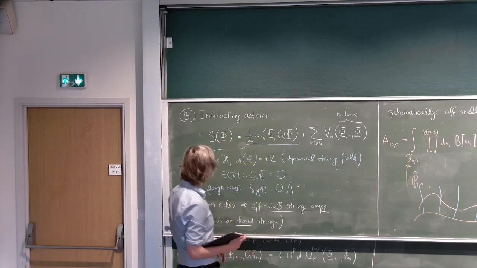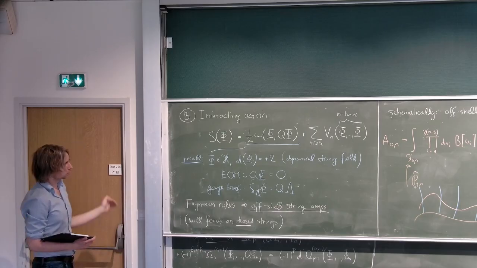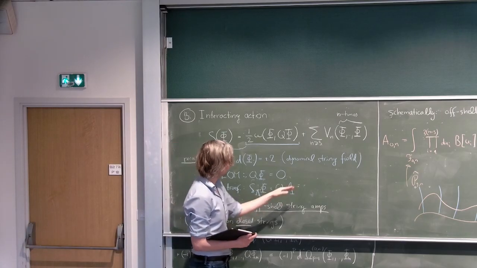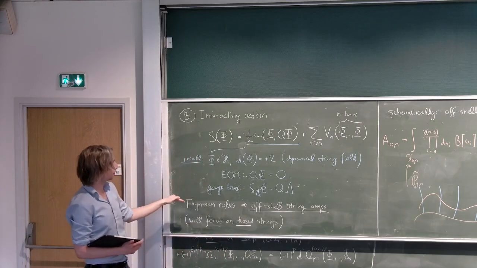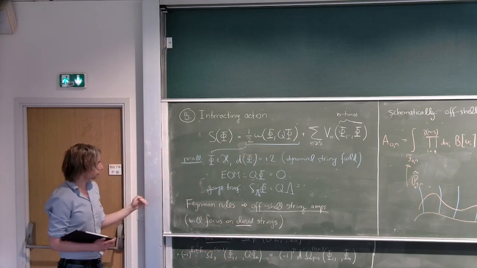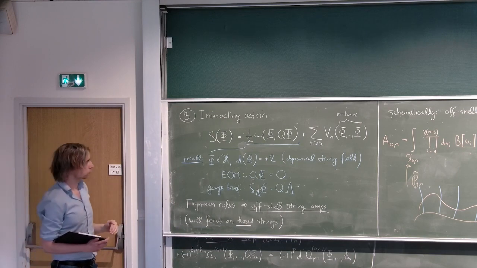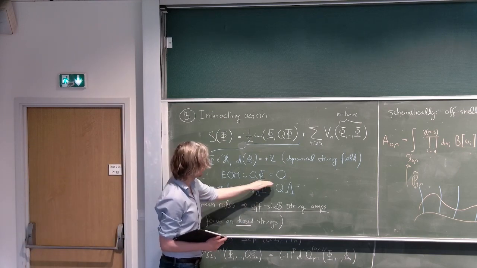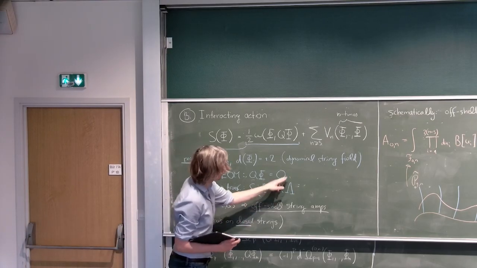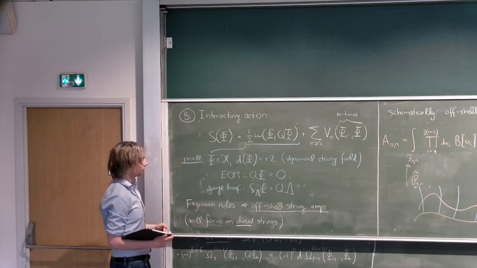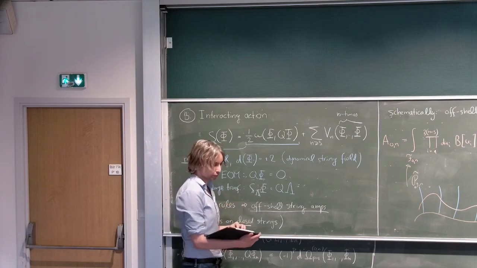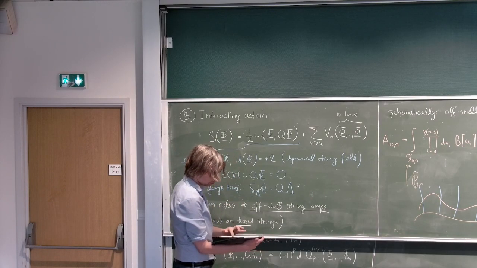And the freedom in shifting the state by a BRST exact state was precisely reflected by the fact that this kinetic term enjoys a gauge symmetry, a shift of the string field by something Q exact, where lambda was yet another string field, this time at degree plus 1, which plays the role of the gauge parameter. Can I ask a question?